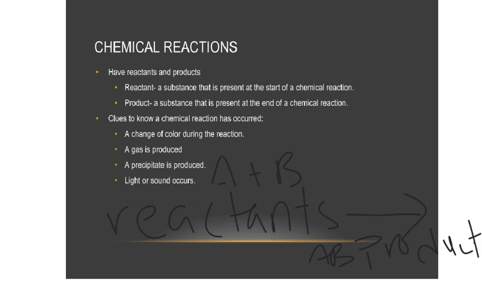Yep, a chemical reaction has occurred. Another clue: a gas is produced during the reaction. Anytime you've watched any movie that is trying to replicate science, you'll see a whole bunch of gas form. That is a great sign that something is occurring. Another: a solid product called a precipitate is produced in the reaction. We'll do this in lab where you'll produce a precipitate.